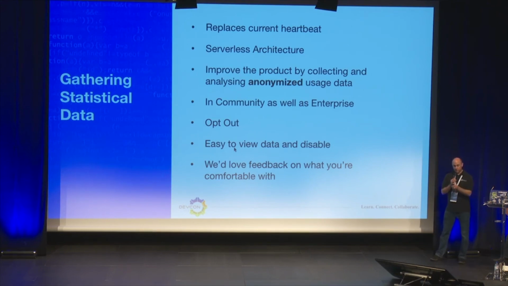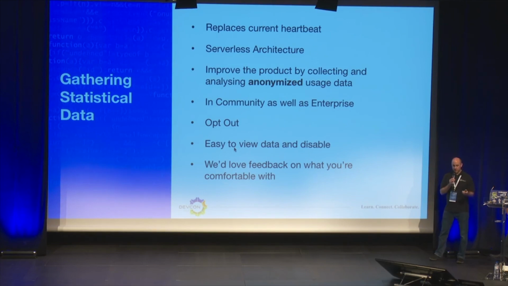Up till now it's only been in enterprise, and obviously it's been opt-out via the license. But we're adding it to community as well, because we want to try and get a lot more data, to see what features people are using, for example. Of course, it's opt-out, and it'll be much easier to do that than it is today.